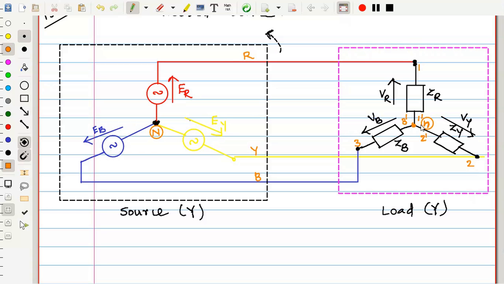So the source neutral I am representing as capital N, the load neutral as small n.